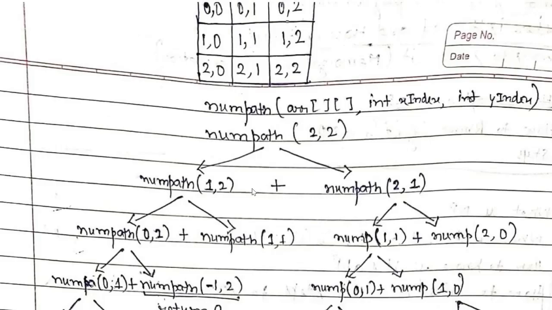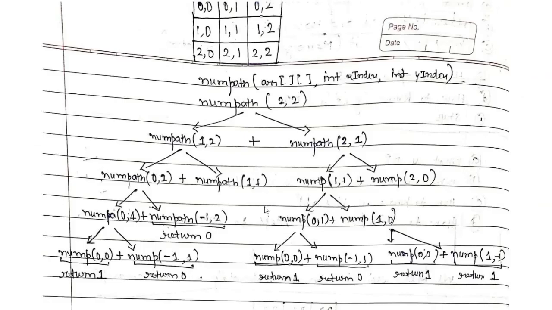Now coming on to how to optimize this with the help of dynamic programming, we surely see it has overlapping subproblems. And what are those? They are numPath(1, 1), numPath(1, 1). And if I branch out in this case as well, I would see a whole lot of new overlapping subproblems again.